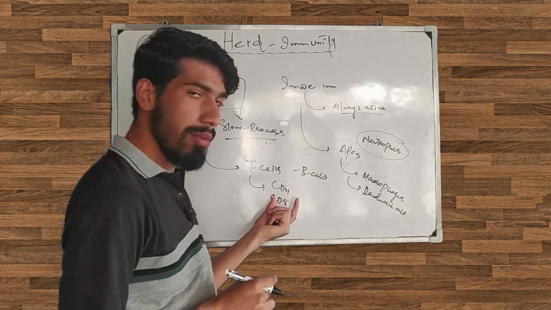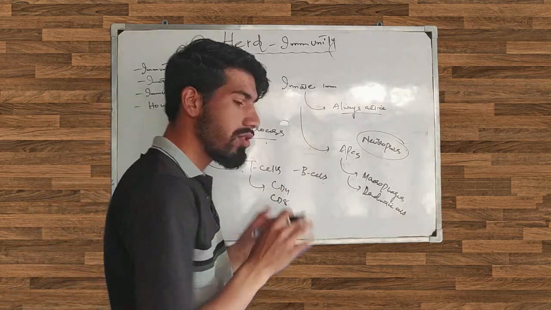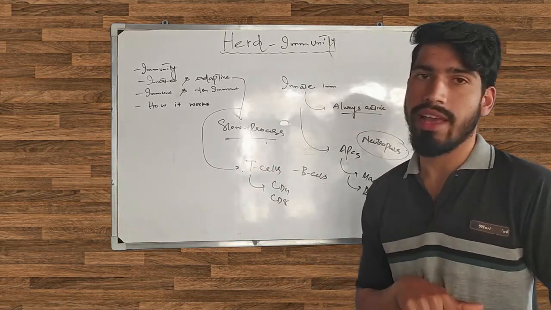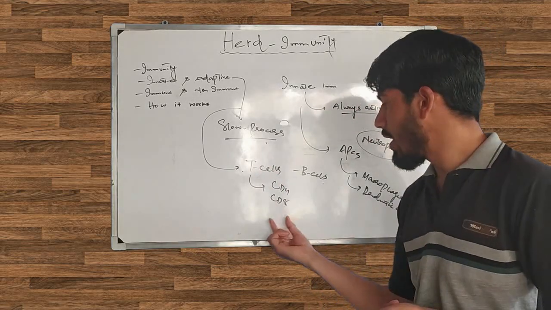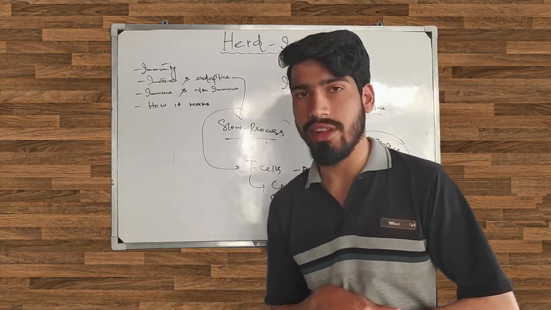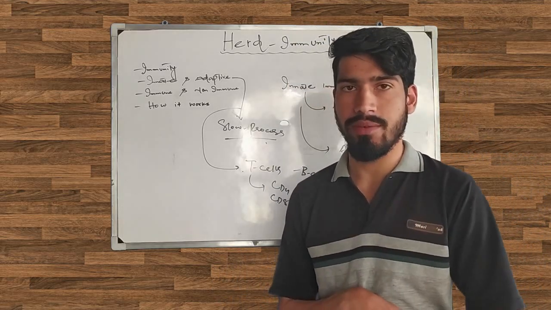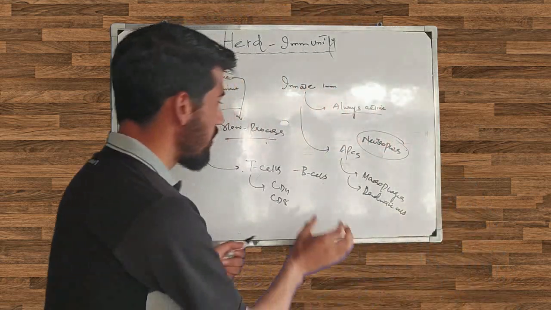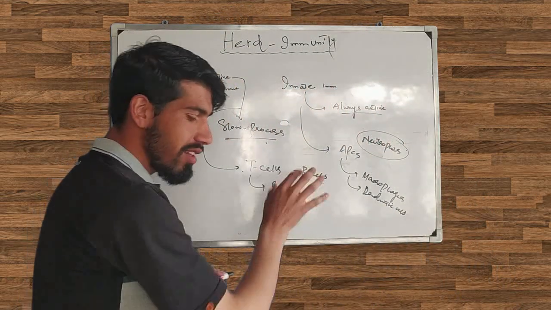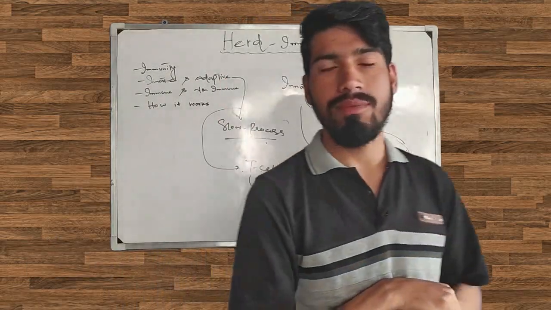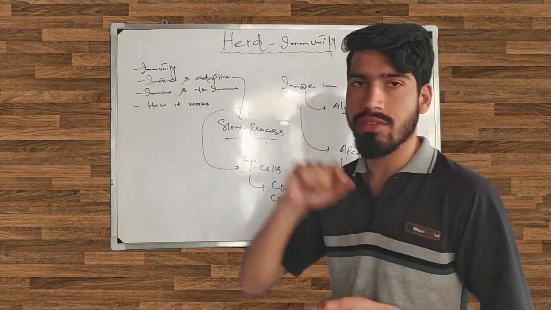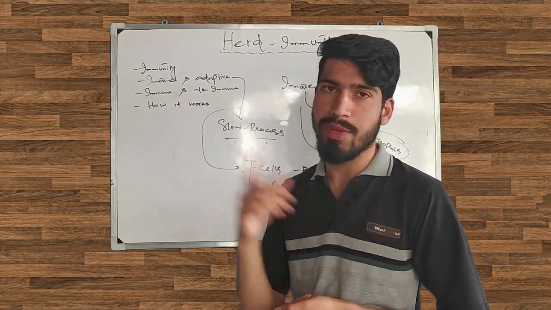CD4 type T cells are called helper cells, and CD8 cells are toxic cells or killer cells, cytotoxic cells. The B cells turn into plasma cells and produce specific antibodies towards the specific antigen.